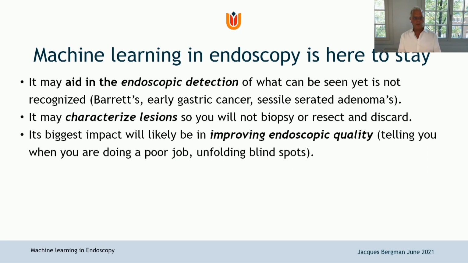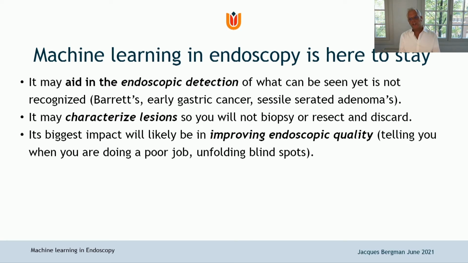But I think the biggest impact will likely come from algorithms that will help us to improve our endoscopic quality. Algorithms that will tell you you're pulling back too quickly, or you've fallen back behind a bend in this colon and you need to go back. Or this part of the stomach you have not yet investigated.